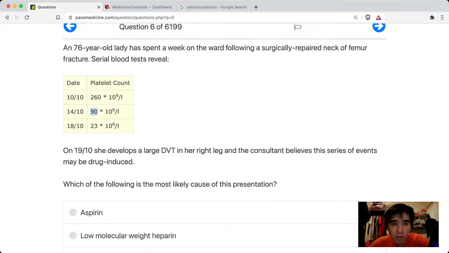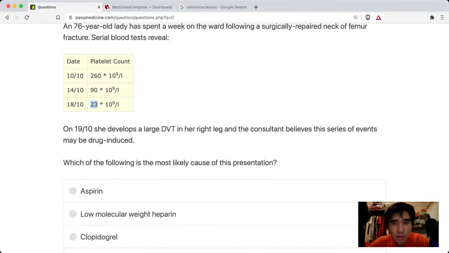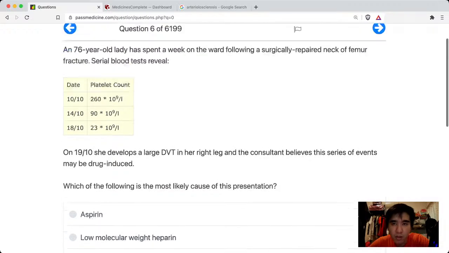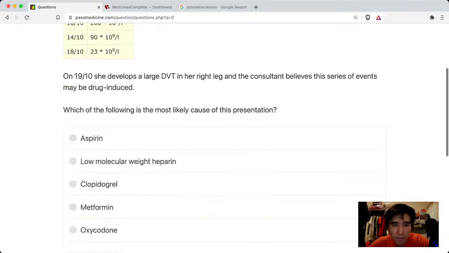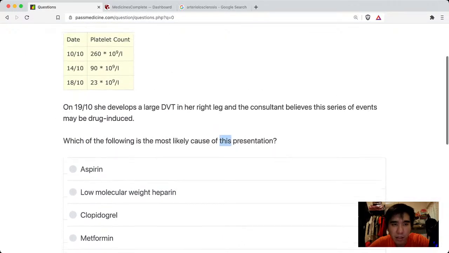Then after that it dropped and dropped further after 8 days. So what's going on? On 19th of October, she develops a large DVT in her right leg, and the consultant believes this series of events may be drug-induced. Okay, so what did they give her after surgery? Which of the following is the most likely cause of this presentation?